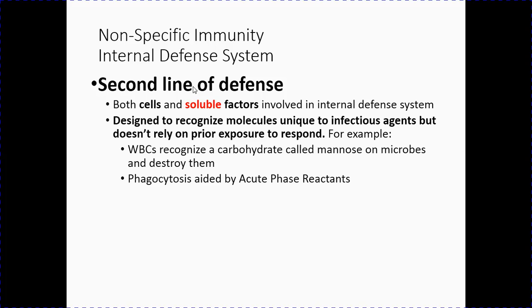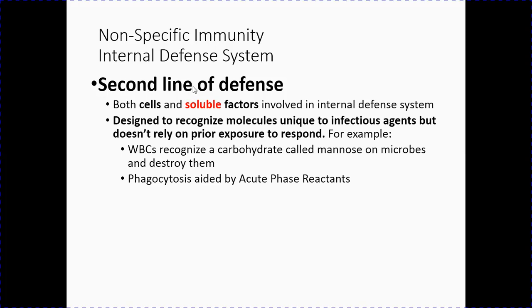So, for example, in the example we see above where the white cells recognize mannose, there will be a pathogen recognition receptor that will locate mannose on a microbial cell wall and target that microbe for destruction. It's the interaction between the mannose and very specifically the pathogen recognition receptor, looking for that. So this is where we're headed.